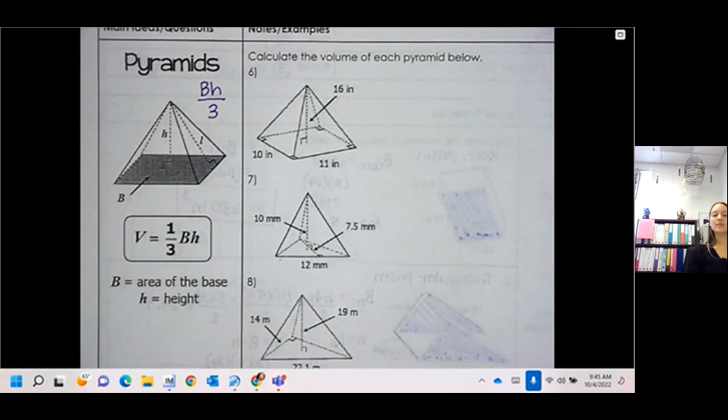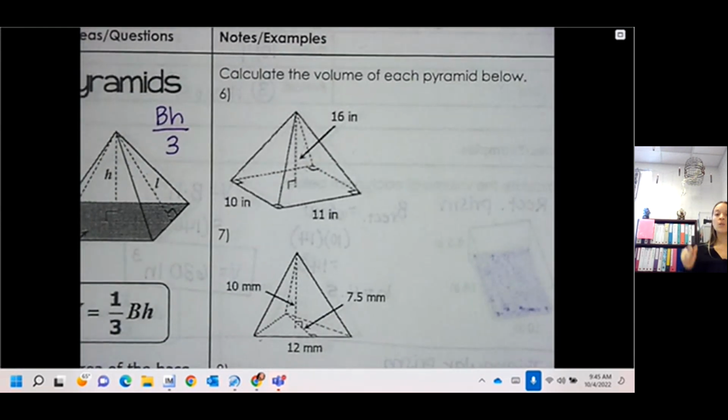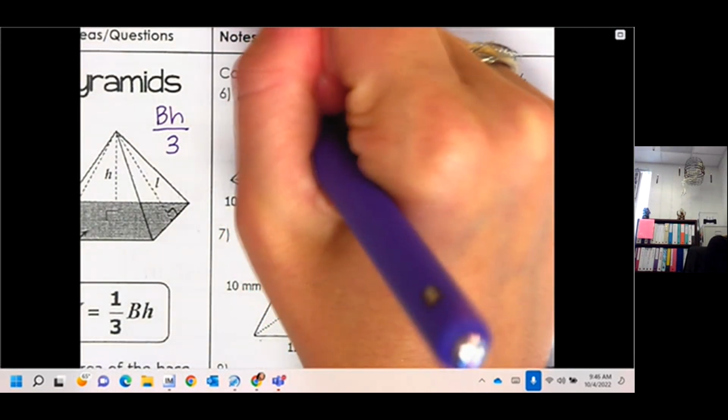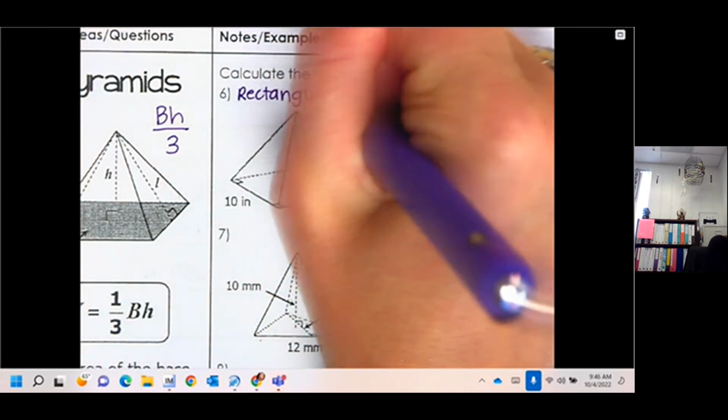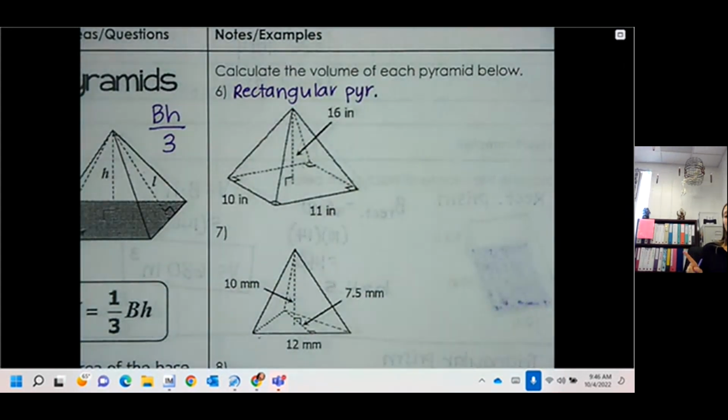So for number 6, what type of pyramid is number 6? A square. It's not a square. What do you mean the base is a square? A rectangle? It's a rectangle. Look here. Those are 2 different numbers. This is not a square, friend.